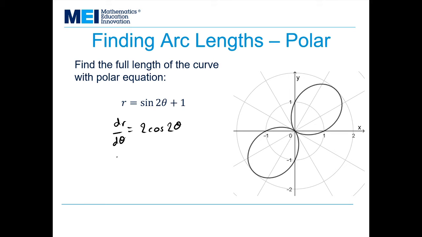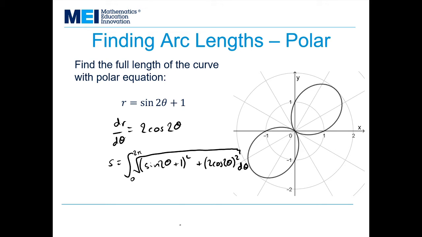Using my formula, S equals the integral from 0 to 2 pi of the square root of r squared, so that's sine 2 theta plus 1 all squared, plus dr by d theta all squared, so that's 2 cos 2 theta all squared, d theta.